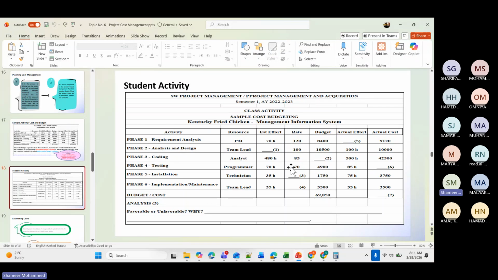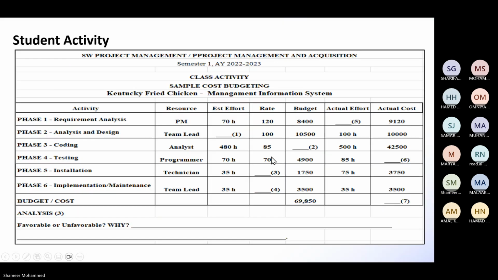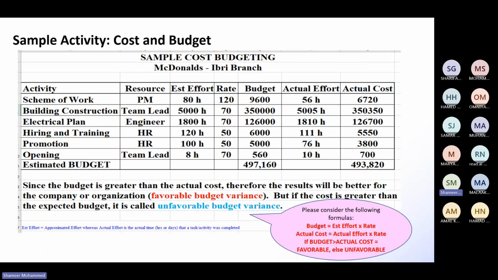Sometimes they ask you like this. They give you fill in the blanks and ask you to fill in these values and find whether the project is favorable or not favorable. Here is the formula.